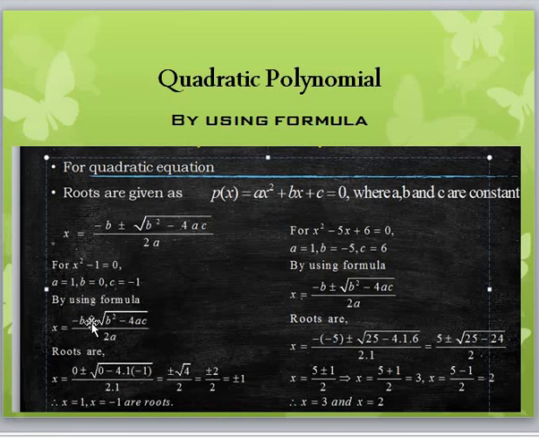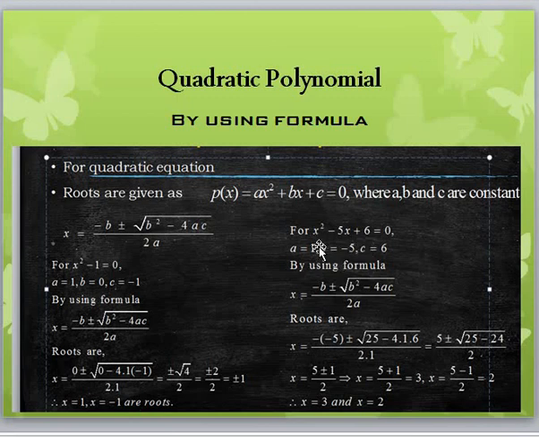By using this formula we get x = (0 ± √(0 - 4 × 1 × (-1))) / (2 × 1) = ±√4 / 2, because -4 times -1 is +4. The root of 4 is 2, so ±2/2 = ±1. So the roots of this equation are x = 1 and x = -1.